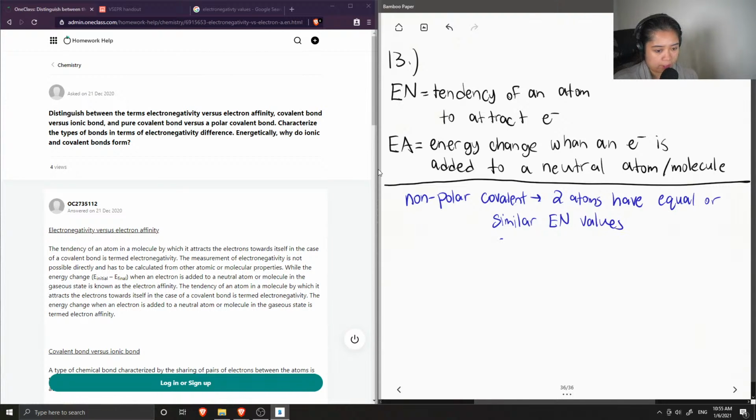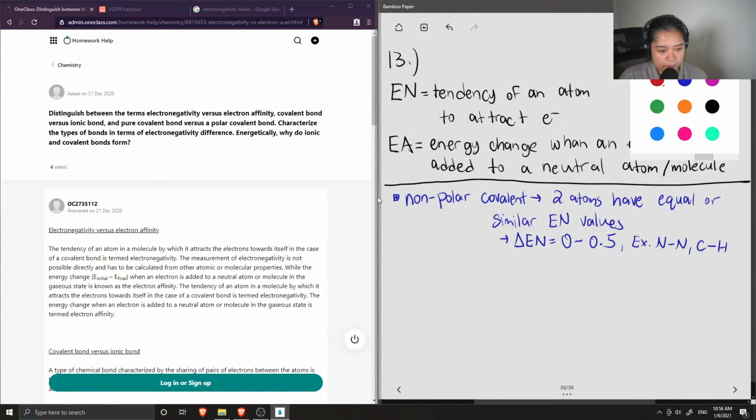And in terms of electronegativity difference, for nonpolar covalent bonds, the range can range from 0 to 0.5. So some examples of nonpolar covalent bonds are diatomic molecules such as nitrogen-nitrogen, so N2, or even the carbon-hydrogen bond, which only has an electronegativity difference of 0.4.